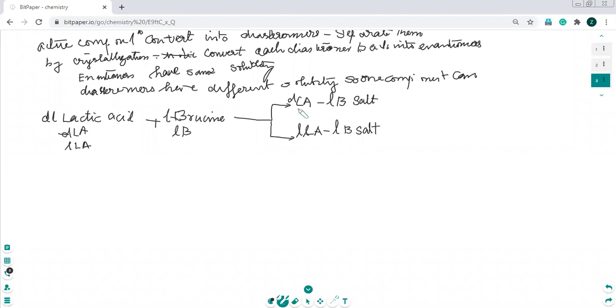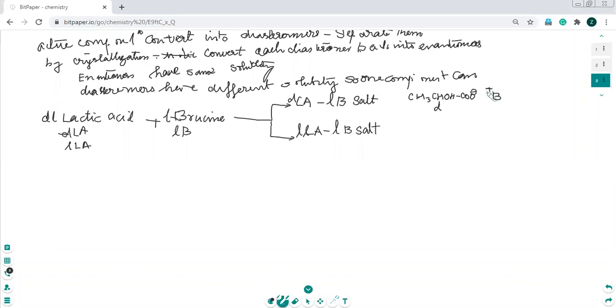Here the negative ion is the lactic acid, CH3 CHOH COO minus, the D form of it, and brucine plus.